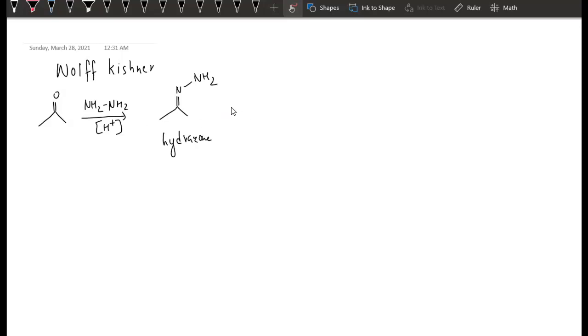This reaction, if you take it up further and react it with a base, KOH, okay, what you can end up with is just an alkane.